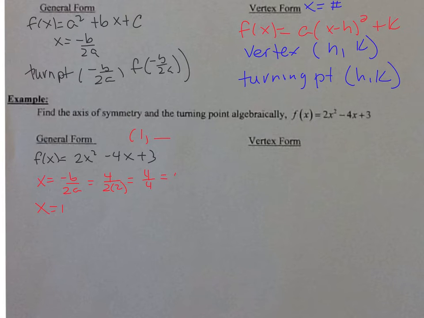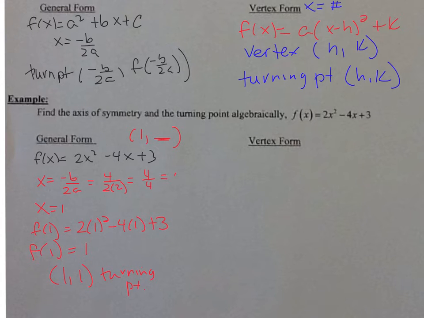So now what's my y value going to be? So I'm going to do f of 1 to get my y value. So it's 2 times 1 squared minus 4 times 1 plus 3. So f of 1, just plug that in your calculator, you get 1. So my turning point is 1, comma 1. And that would be my min, right?